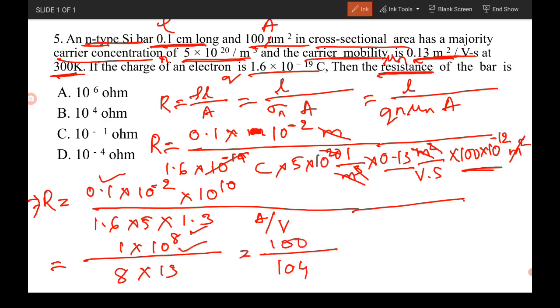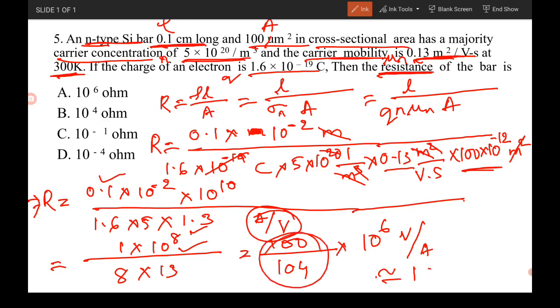So here 100 into, how much is left? 10 to the power 6 volts per ampere. Okay, after taking this unit to the numerator, we get volts per ampere, which is nothing but ohms. So this value is approximately equal to 1 into 10 to the power 6 volts per ampere, which is ohms. So 10 to the power 6 is our answer. So our answer is option A, that is 10 to the power 6 ohms.